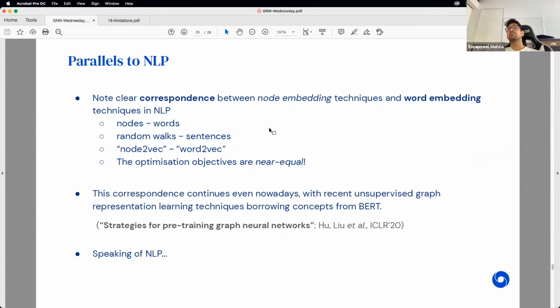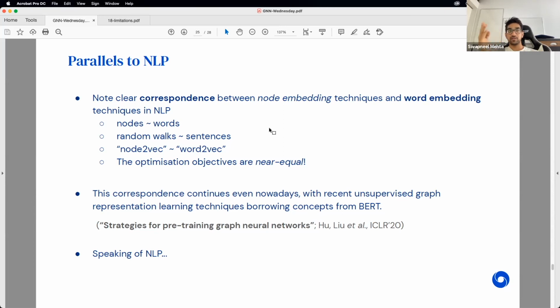There are parallels between NLP and graph neural networks far deeper than I used to think. And he starts by comparing these things. So you have individual blocks that compose a graph. Similarly, you have individual words that compose a sentence. There are certain relationships between words, there are certain relationships between nodes.